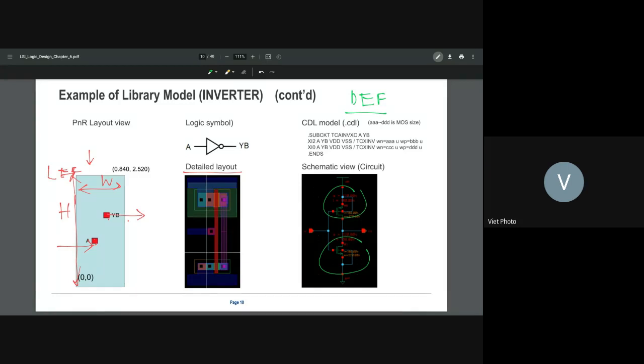So when you have the via connected between the cells, those connected vias will be described in this DEF. The LEF file is to describe the shape of a cell. This one is for the cell, but the DEF is for the design, not for the cell. So this DEF will describe the connection, the via connection.